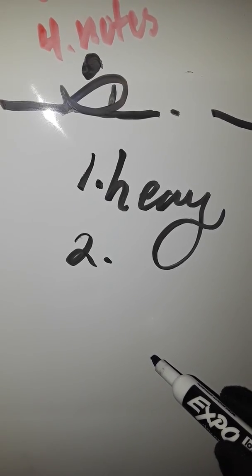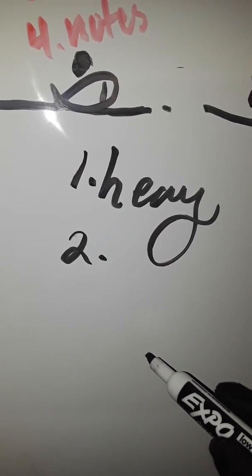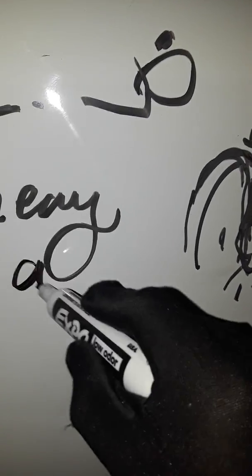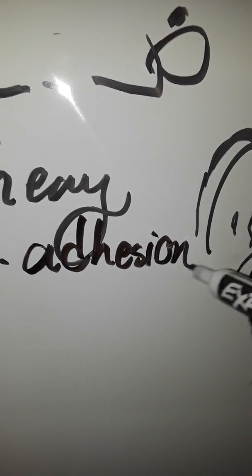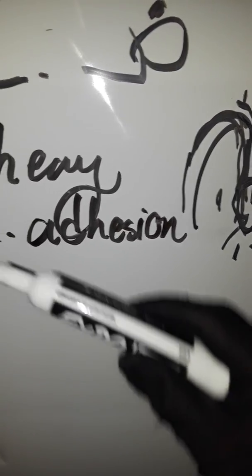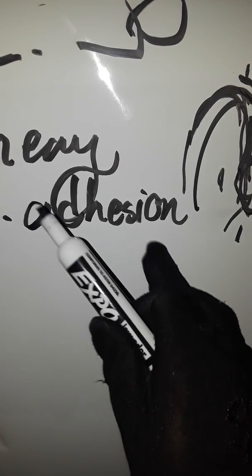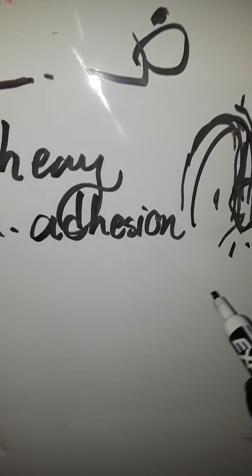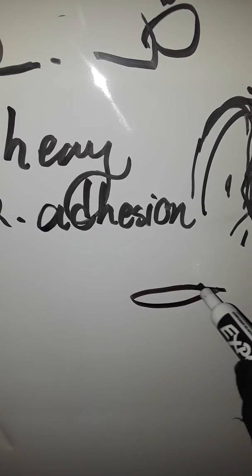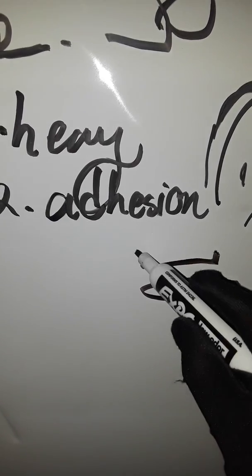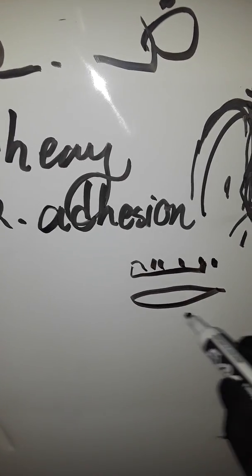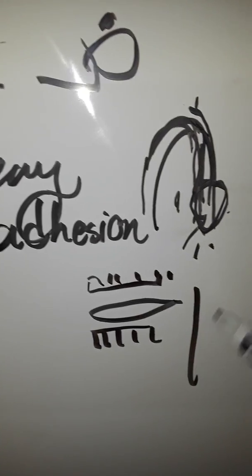So the next characteristic is that it has adhesion. I think this is the first time that we came across this. Basically, the sound related to this characteristic is when you have your tongue, and here are your teeth, and your throat.